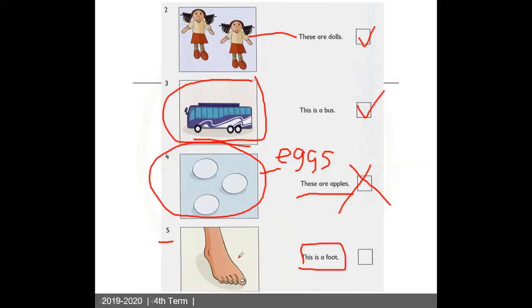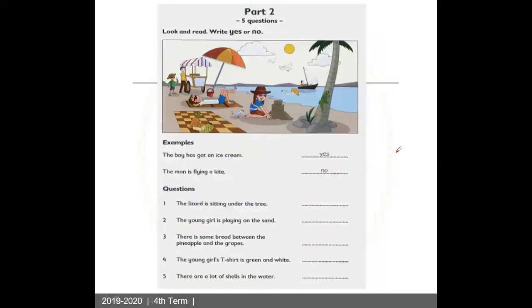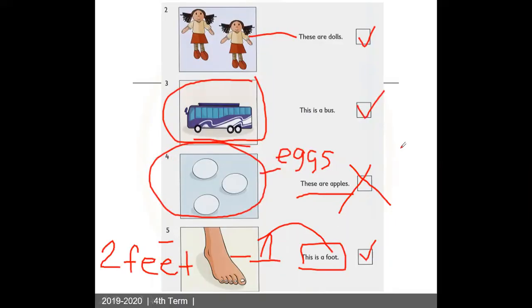Is it a food? Yes, it is. When you say food, it's only one. If we have two, say 2 feet. One foot, right? That's the end of part 1.